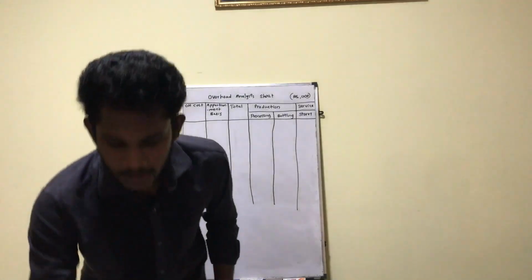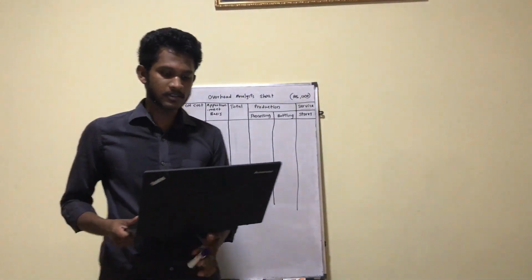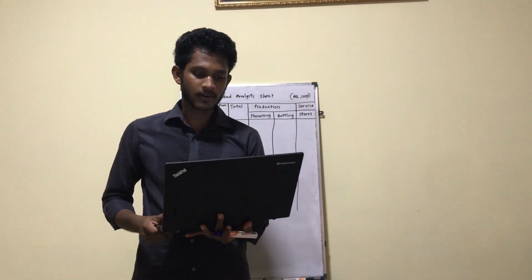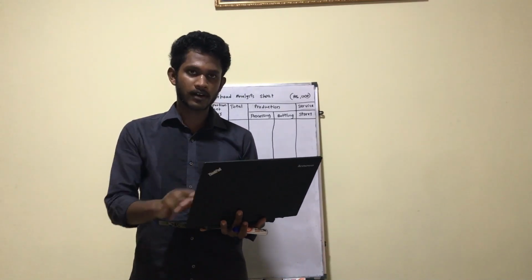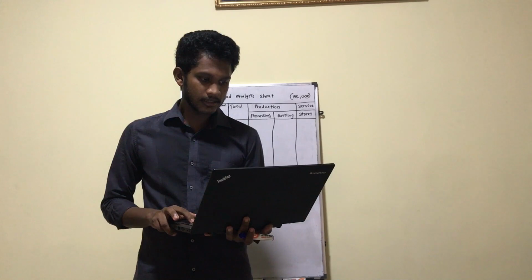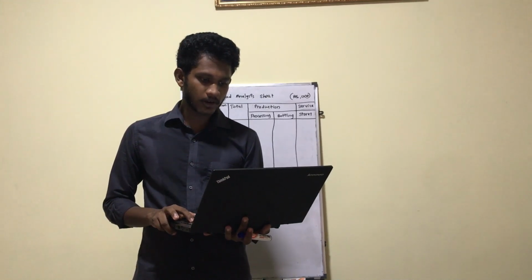So if we take the first one, the rent expense is given as 180,000 for the whole factory and 50,000 for the stores, altogether 230. At the top of the question, they said the factory and the stores are located in separate buildings. Do we need to divide the total factory rent expense among the stores as well? No need.